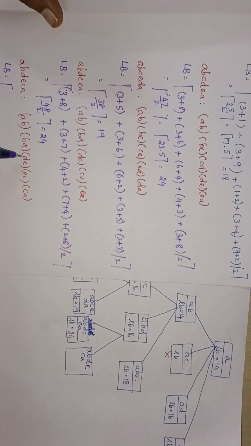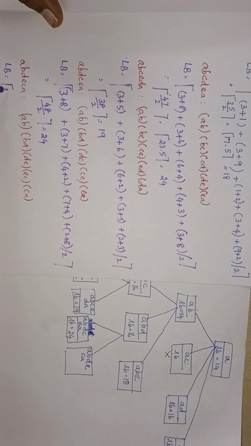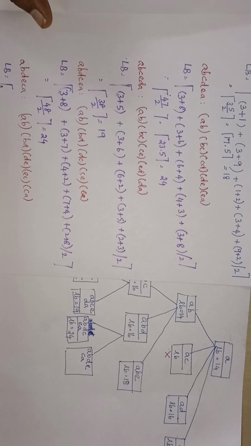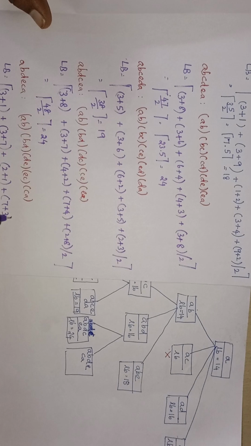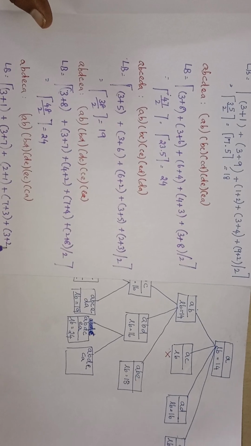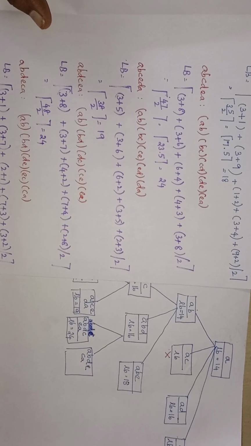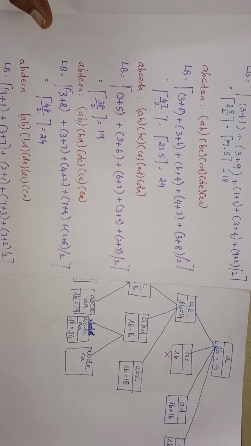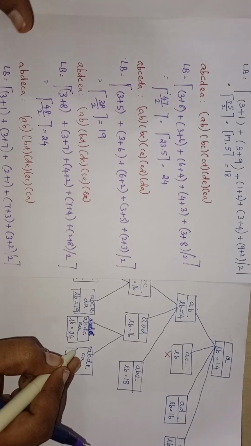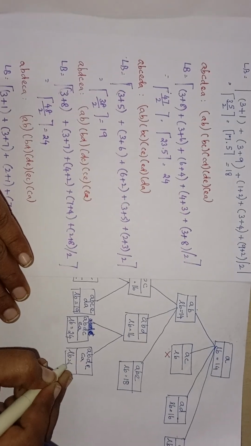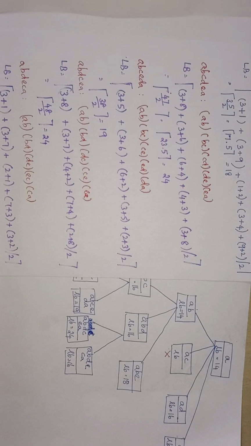For D, these two. For E, these two should be considered. So if I include that, my answer will be 3 plus 1 for A, 3 plus 7 for B, 2 plus 1 for C, 7 plus 3 for D, and 3 plus 2 for E, divided by 2. And if I add all these, I will get 32 by 2, which is 16. So now let us update here. LB is equal to 16.